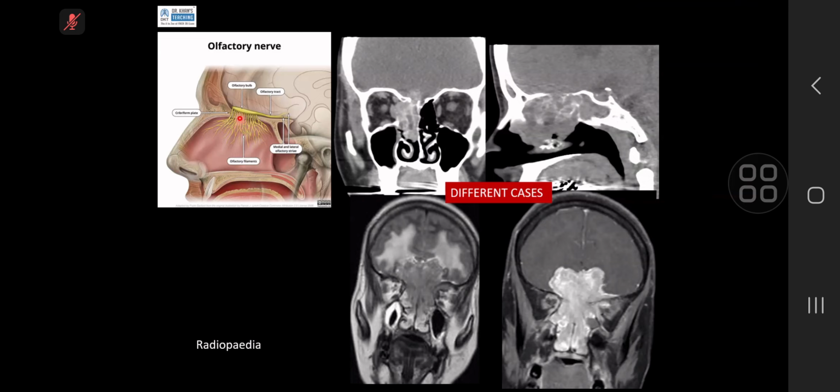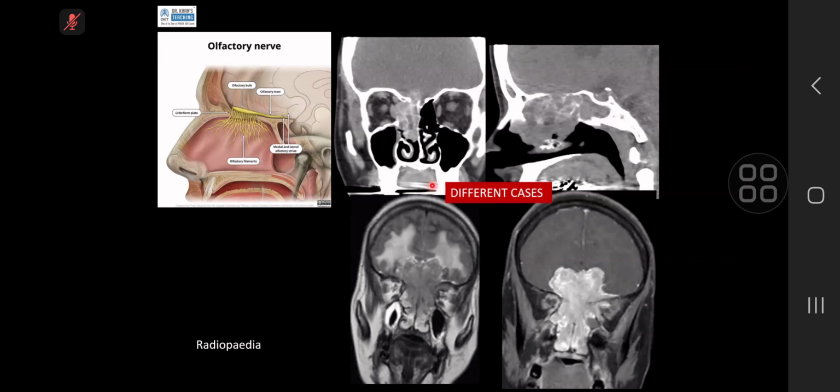A portion of it will be here, and a portion of it will go superiorly into the intracranial cavity. Look at the CT scan, how from the ethmoid sinus it is going into the intracranial cavity. This is another case from Radiopaedia where you see a lesion just like our case, with a lot of edema and how it is enhancing.